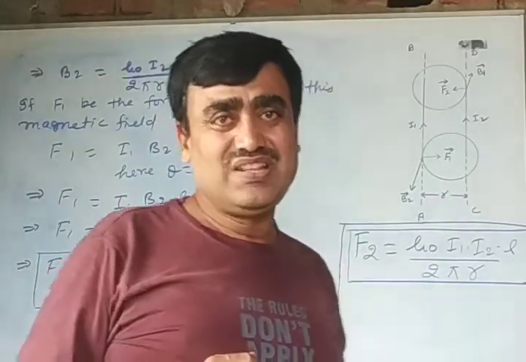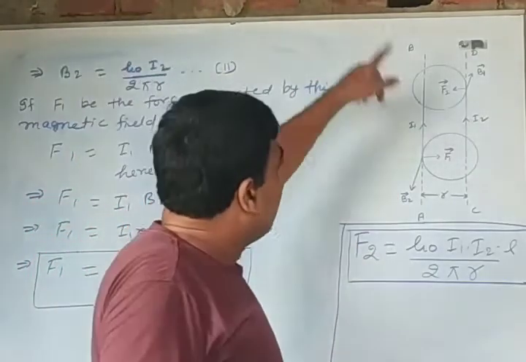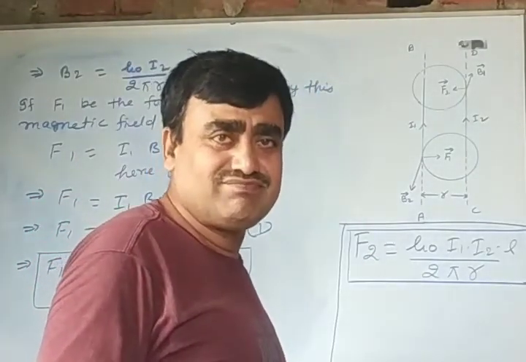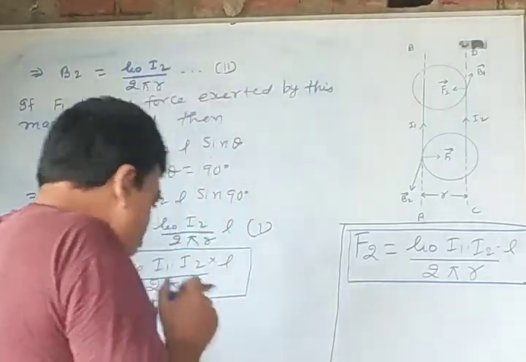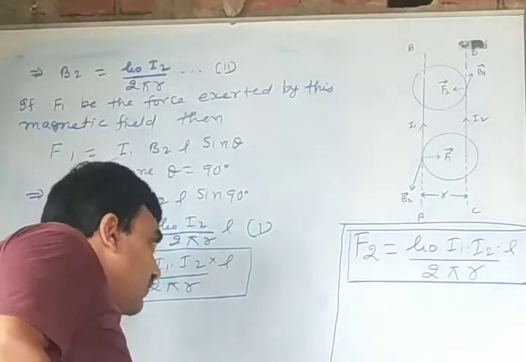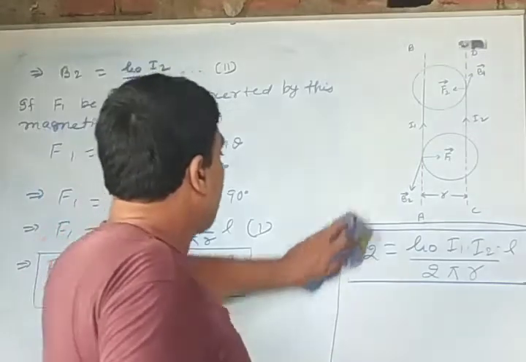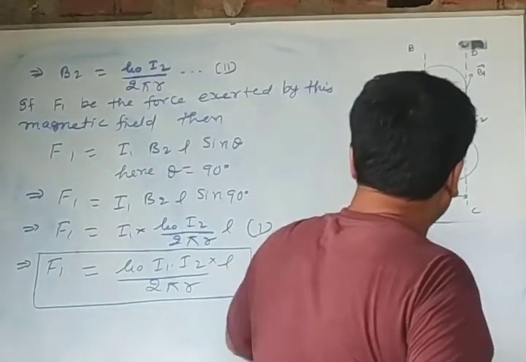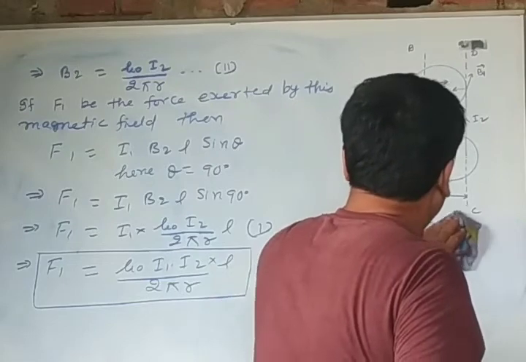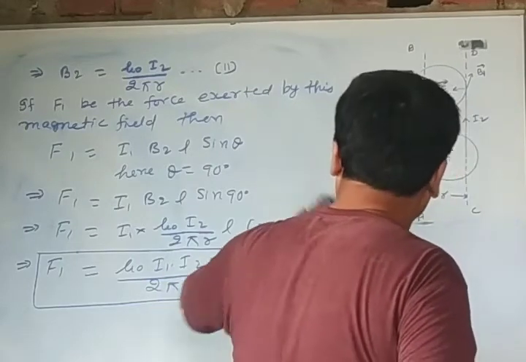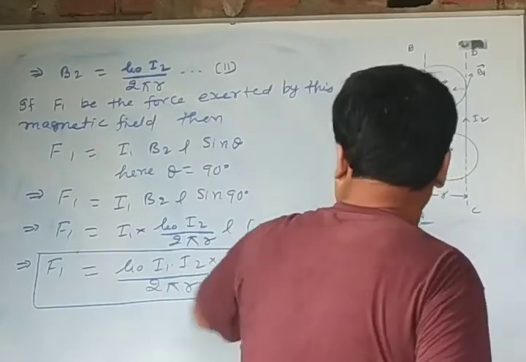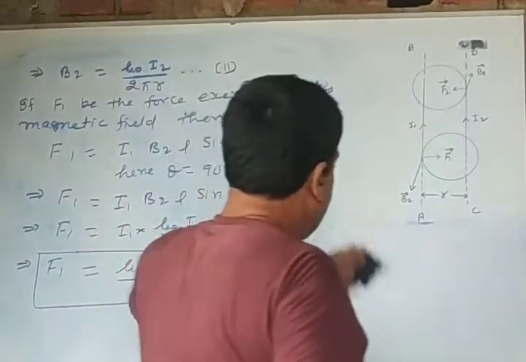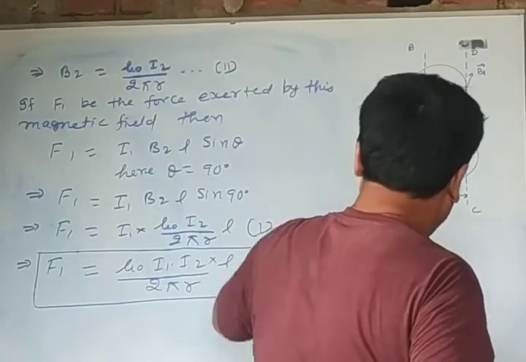Here the wire is infinitely long. We assume a condition such that a small f is the force per unit length of the wire.